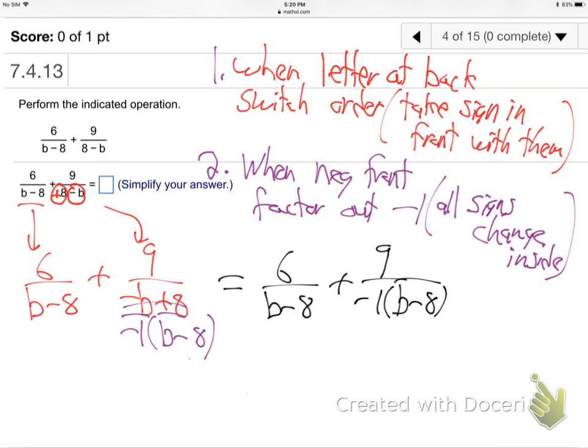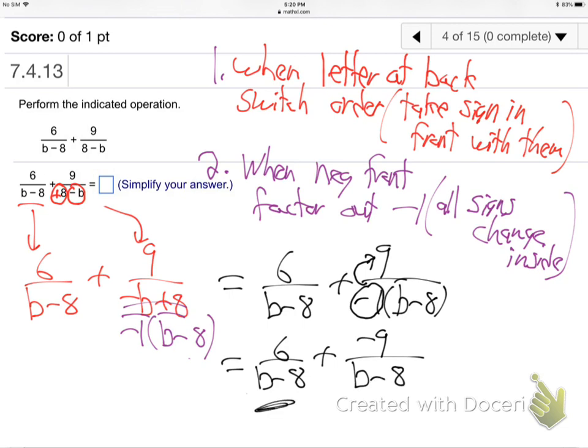All right, now we want those two denominators to be identical. So I'm going to take that -1 and just move it up top. Remember, a minus sign on a fraction can be in the top or the bottom. It's all the same thing. So this becomes 6 over b minus 8 plus -9 over b minus 8. Why did I do that?